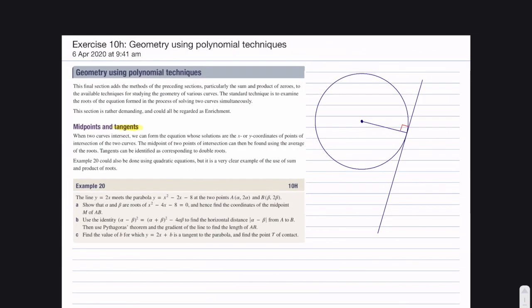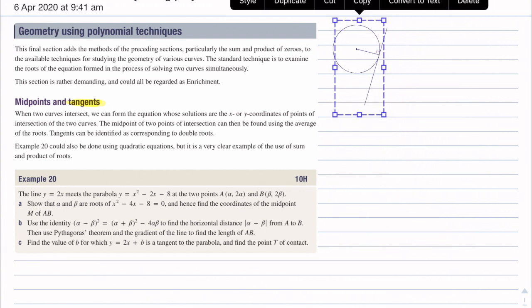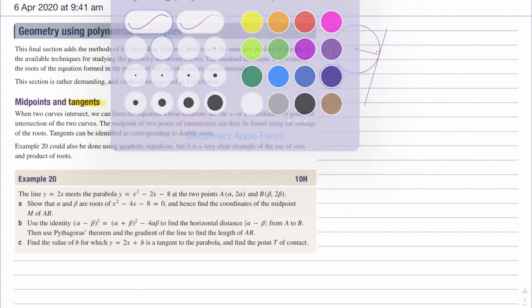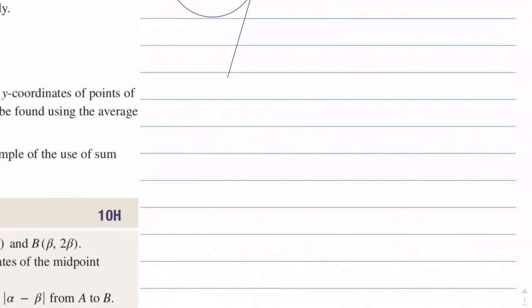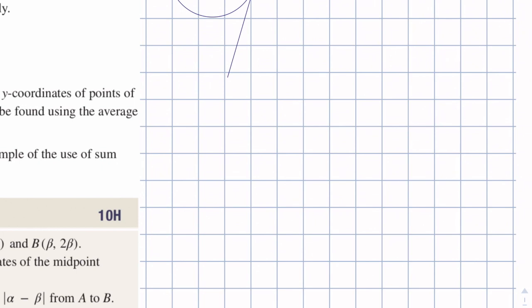Now we're going to be using something fairly similar in this chapter, but it's not circles. It's going to be usually quadratics. So if I had just your general quadratic, let me draw a good one. So here's my axis.